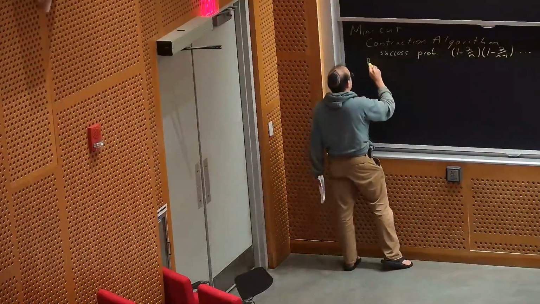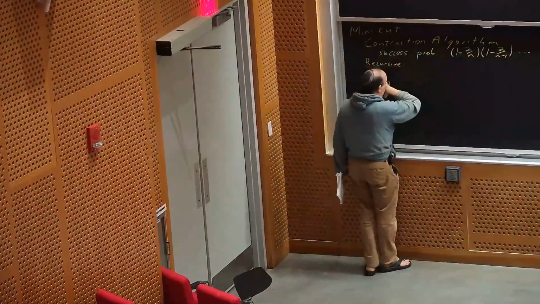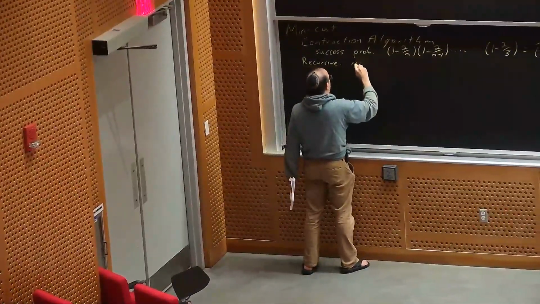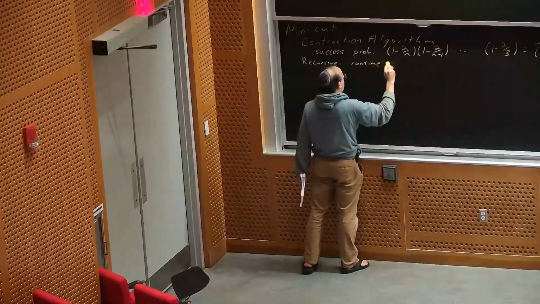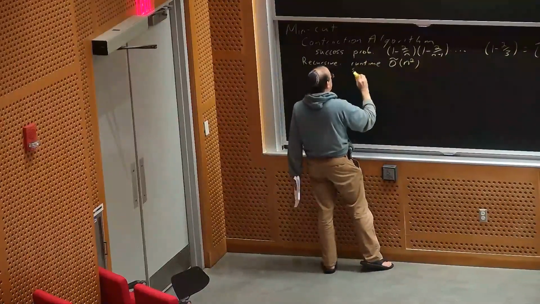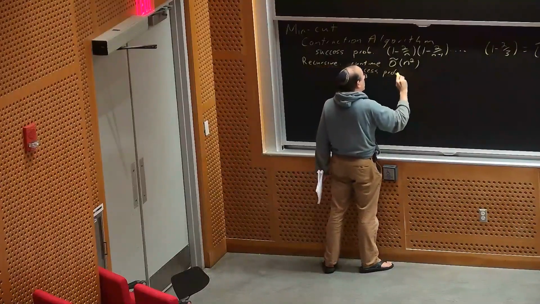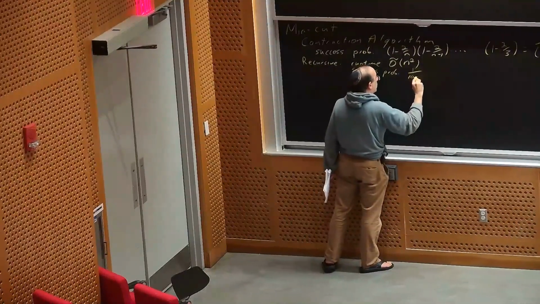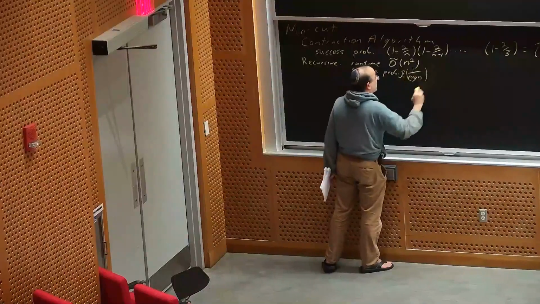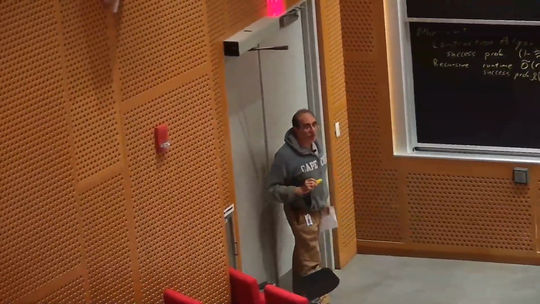So we developed this recursive version, which had a runtime of roughly n squared and a success probability of 1 over log n or so, right? So that's what we spent most of last lecture on.